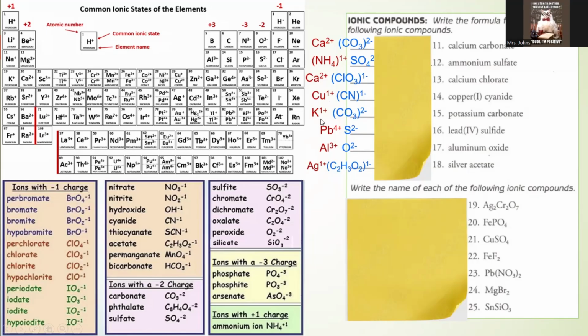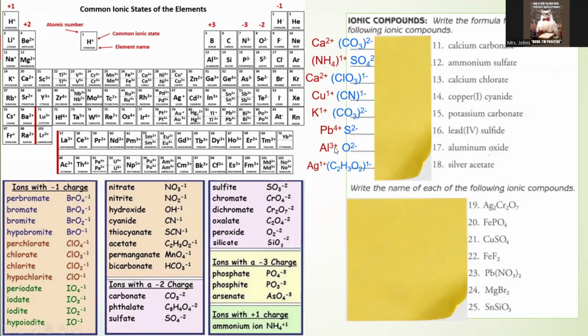Now, potassium has a 1 plus, carbonate has a 2 minus. So we need 2 of these to cancel that out. Lead and sulfur here, this has a 4 plus and that has a 2 minus. So we need 2 of these. So lead with an S and a subscript of 2. Now, aluminum oxide.